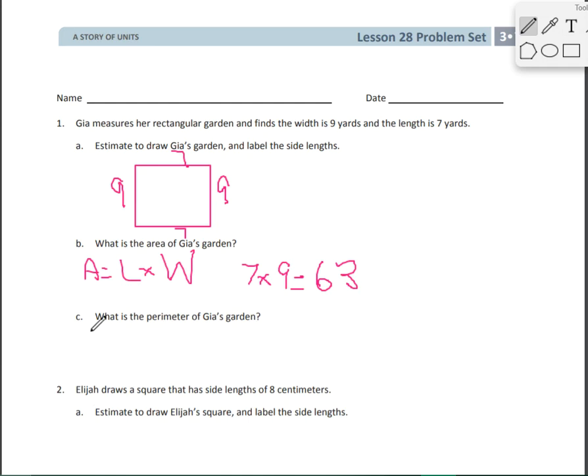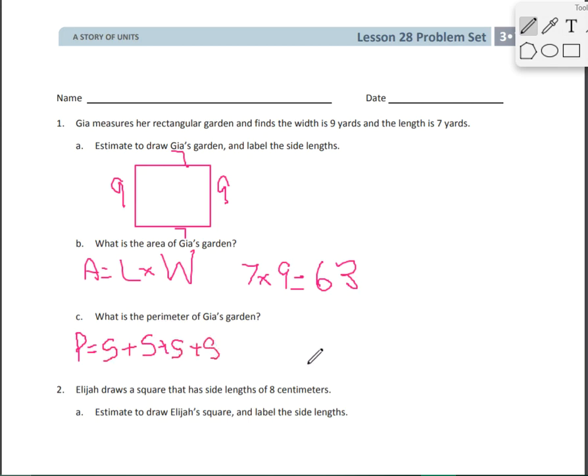All right, question part C. What is the perimeter of Gia's garden? So remember, for a perimeter, we want to keep adding up our sides. Sometimes we can confuse area and perimeter. So I will take a moment to make sure I write out our formulas. I'm going to say side plus side plus side plus side.